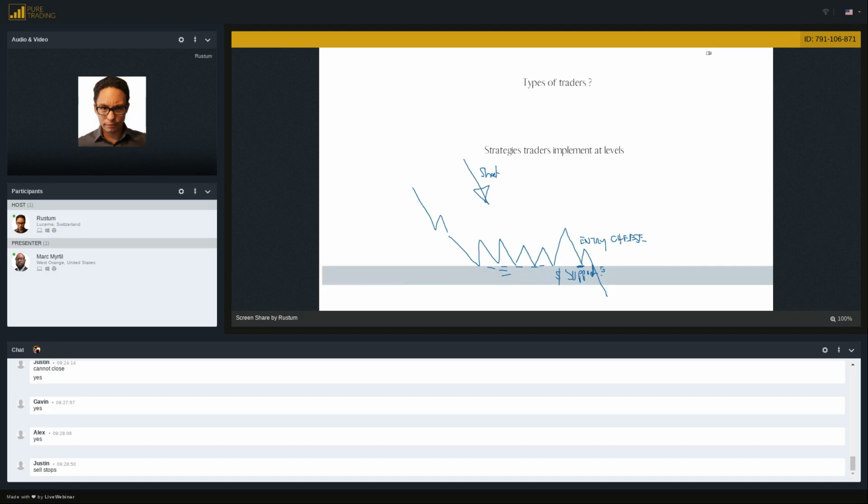It doesn't matter, but what he wants is any sort of confirmation that we are still going to go short. Say a retracement, and then he wants to trade short. And then he'll put his stops up there. So we have those three sorts of traders that do their thing at the level.